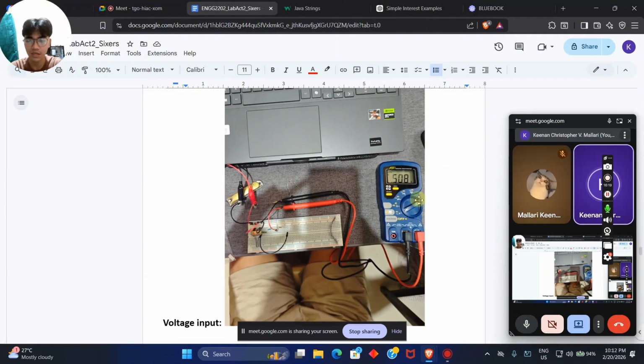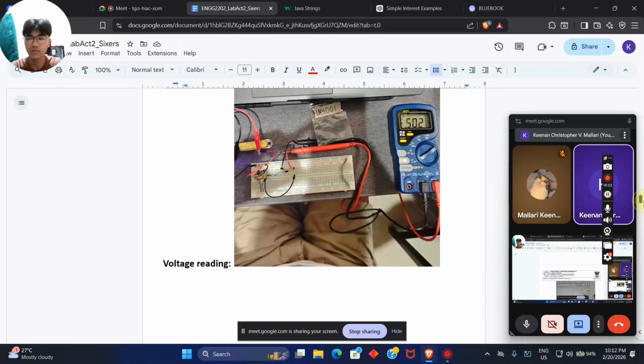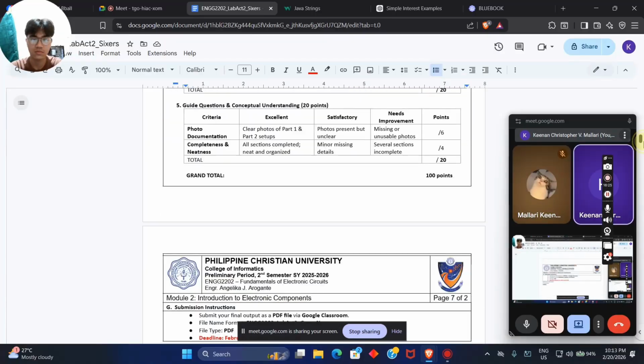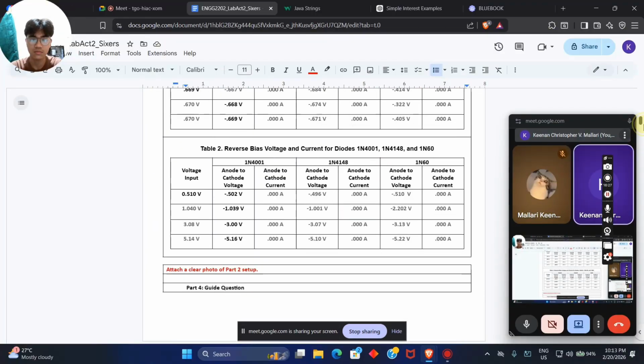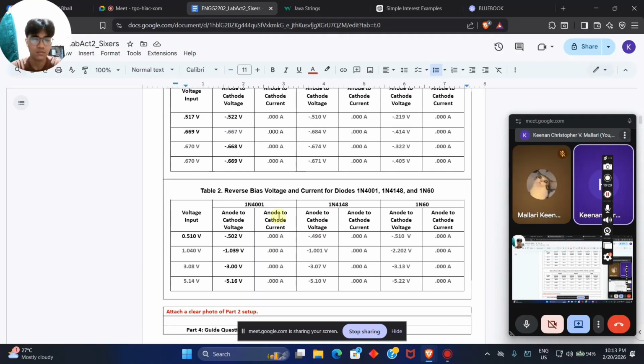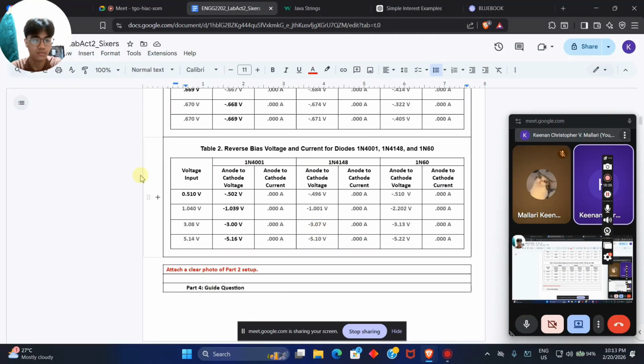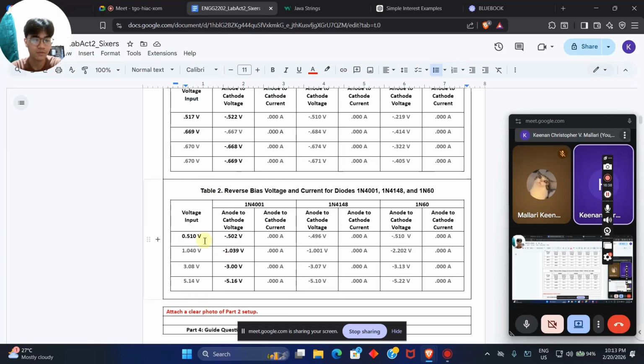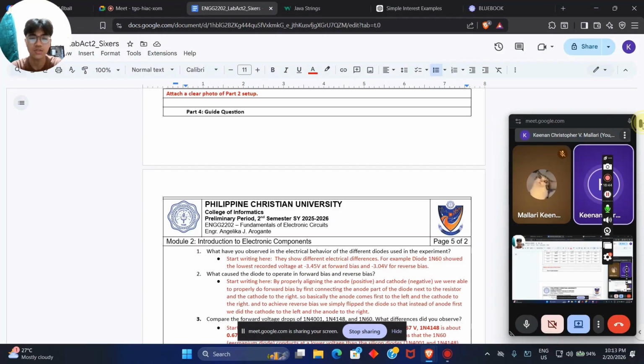Here it said 0.508 volts. Let's confirm it in the table. Reverse bias. Yep, went as close as possible to each voltage input. Now let's go check to the voltage reading.